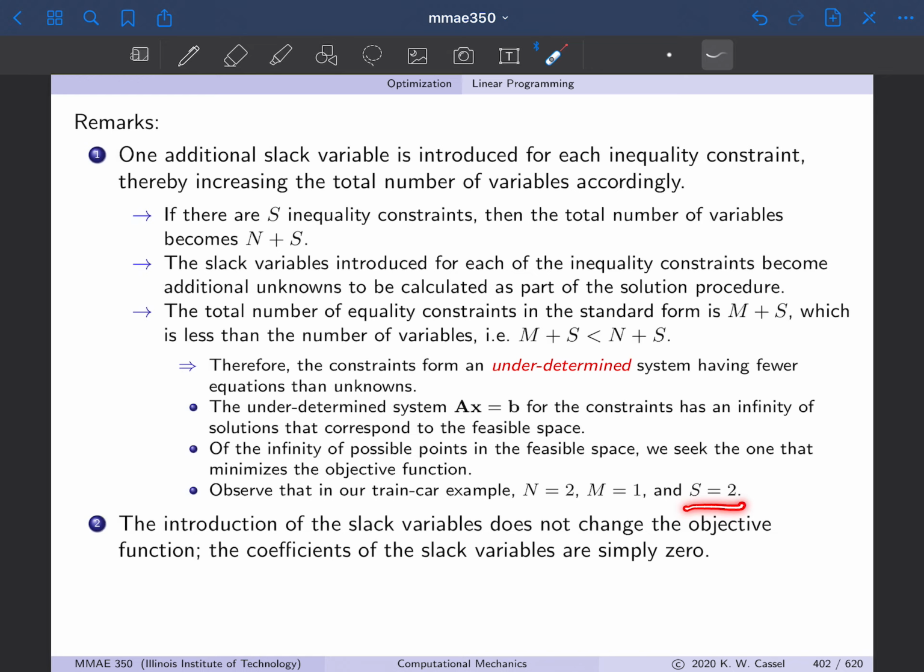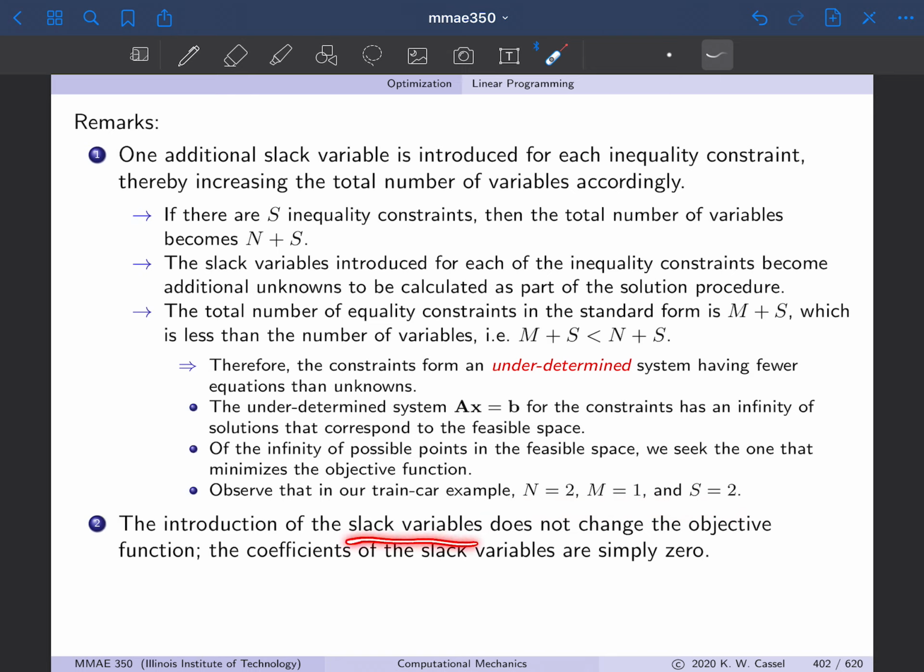And then s, for which we have 2, that was the number of inequality constraints, where we had a limit on the number of cars on the first train and a limit on the number of cars on the second train. So n is 2, m is 1, s is 2 in that case. And as you can see, m plus s is 3, and that is indeed less than n plus s, which is 4.